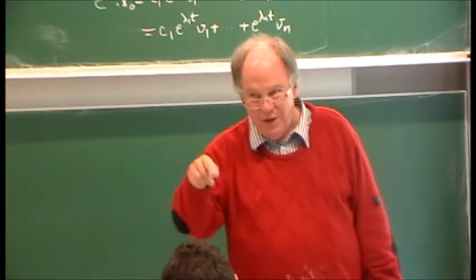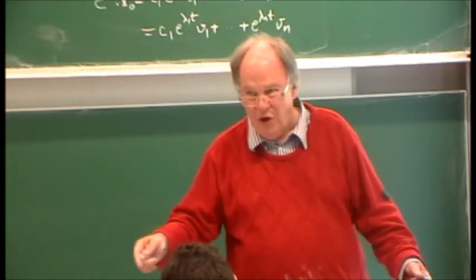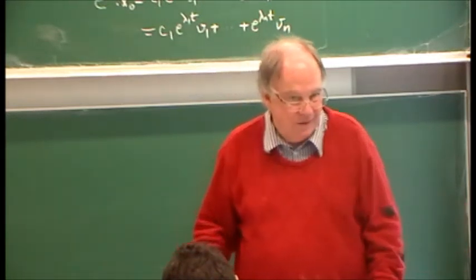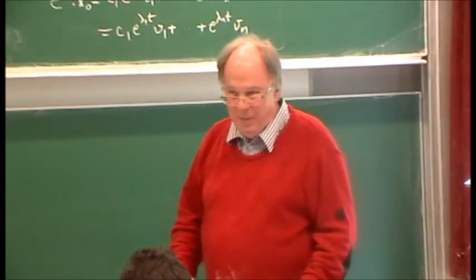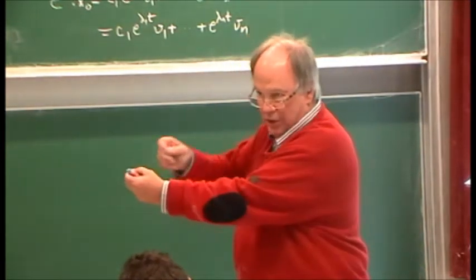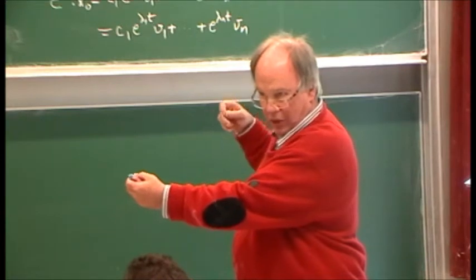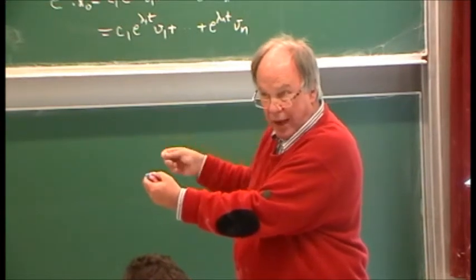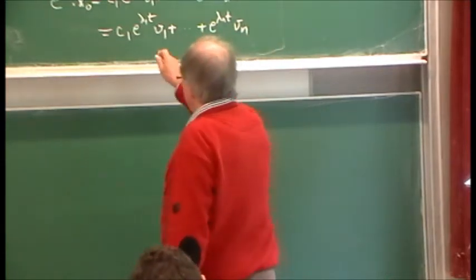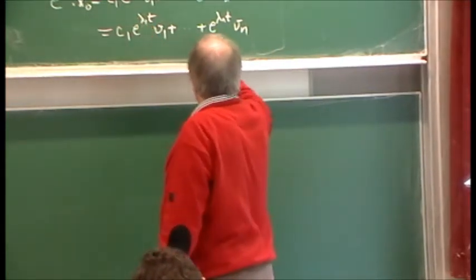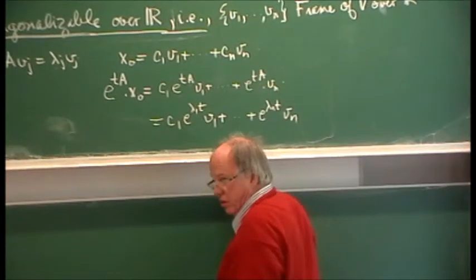So e to the lambda 1t, e to the lambda 2t, and so on. That's nonsense. It says you diagonalize the operator, and any base point can be written as a linear combination of the basis you use to diagonalize, and then on that base point, you know what the action is. It's just this stuff, on these eigenvectors.